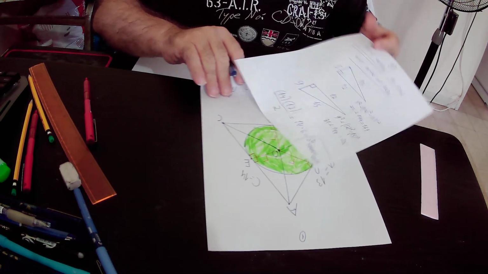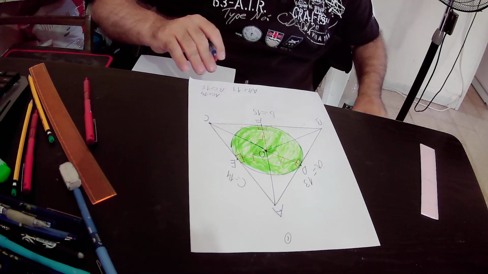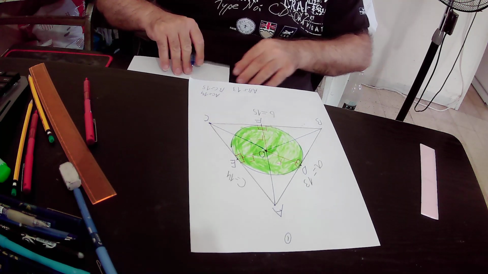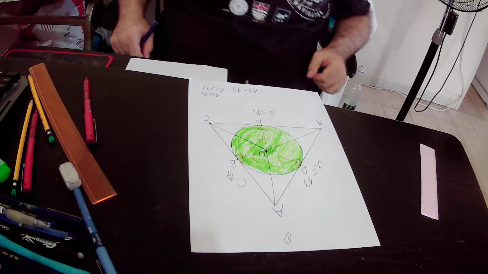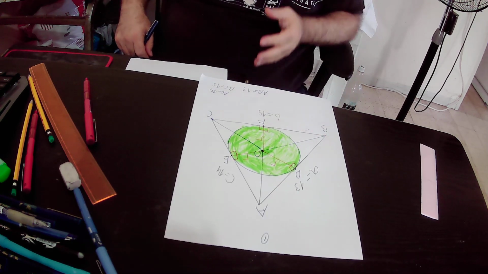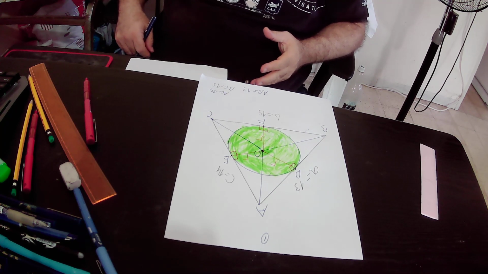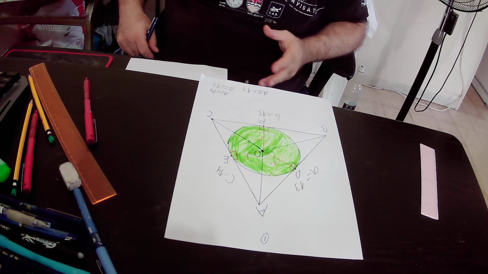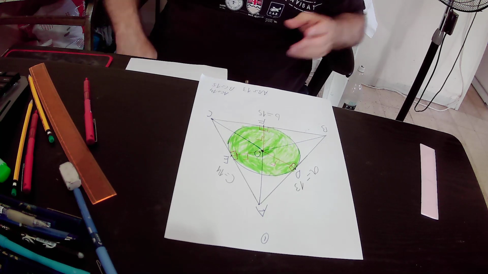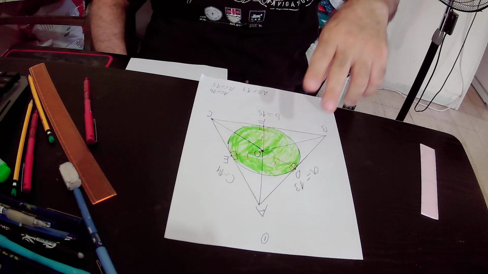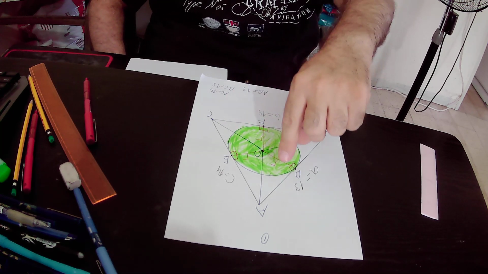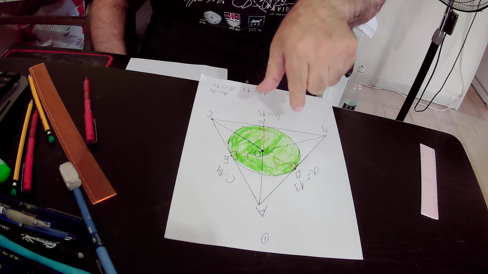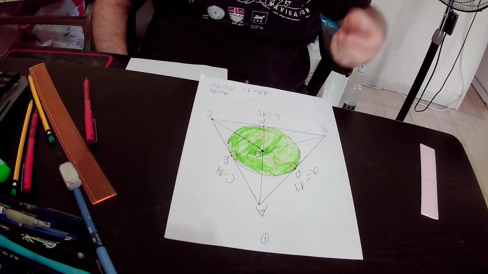Okay? So in the next step I will show you the second method to find the radius of the green circle. In the first method we found the radius of the green circle by dividing triangle ABC into three small triangles: triangle AOB, triangle BOC, and triangle AOC.